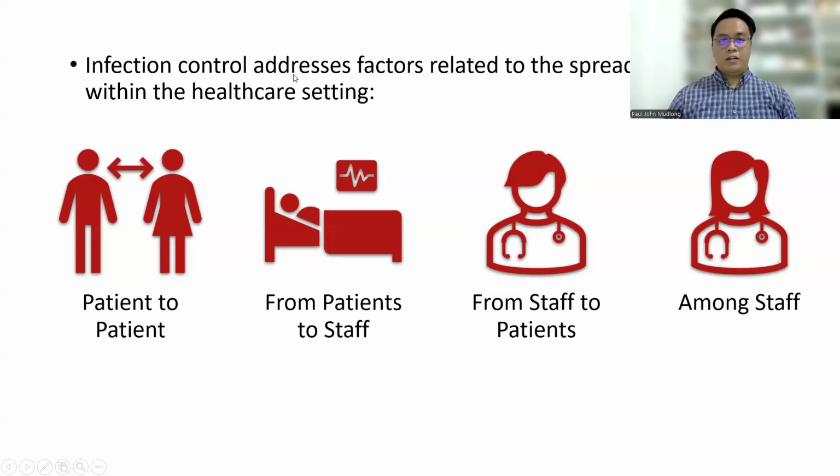Infection control addresses factors related to the spread of infections within the healthcare setting. It's either patient to patient, from patients to staff, from staff to patients, and among staff.